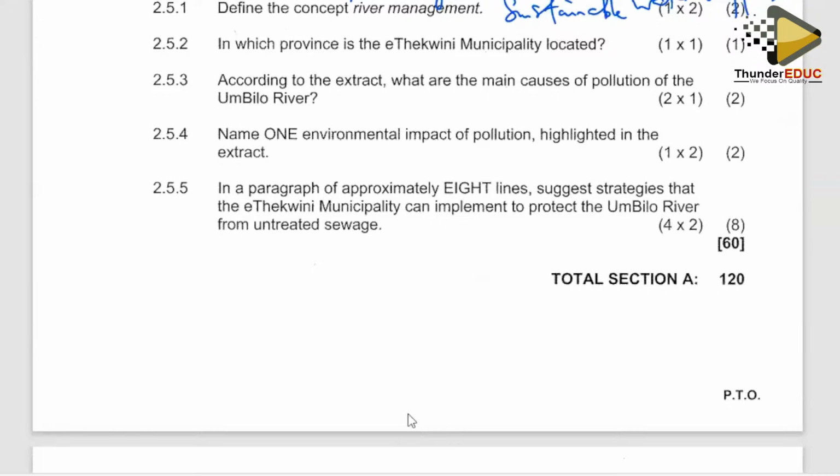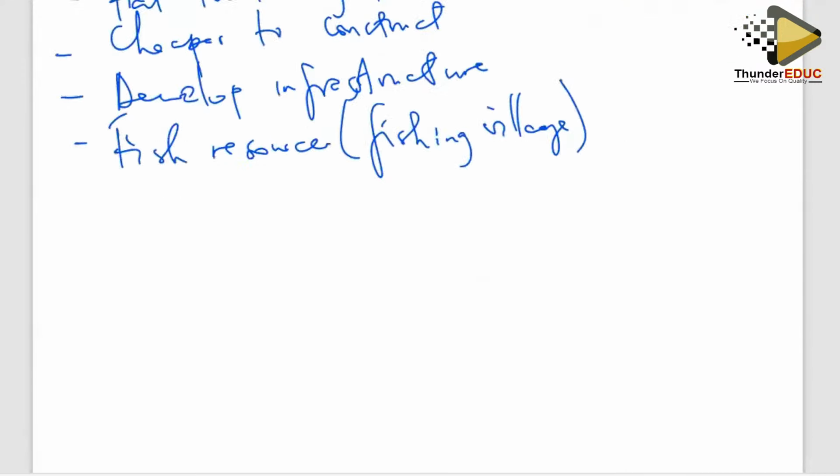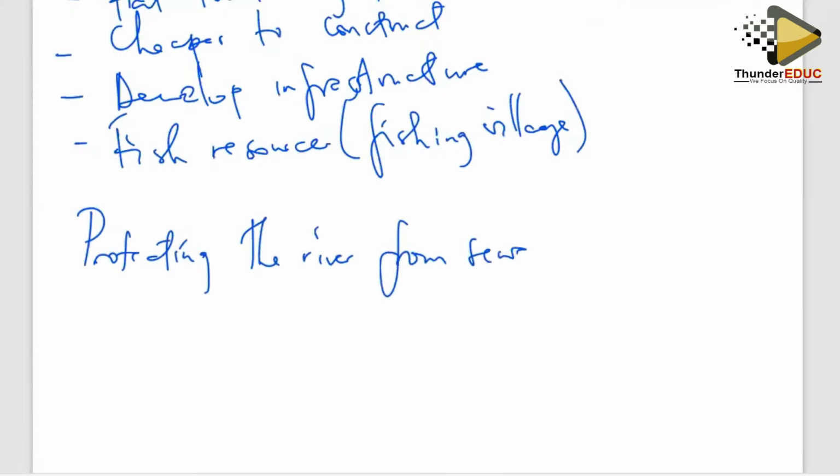Right, I will try to highlight some of the aspects that we can use here. Protecting the river from sewage. What can be done?